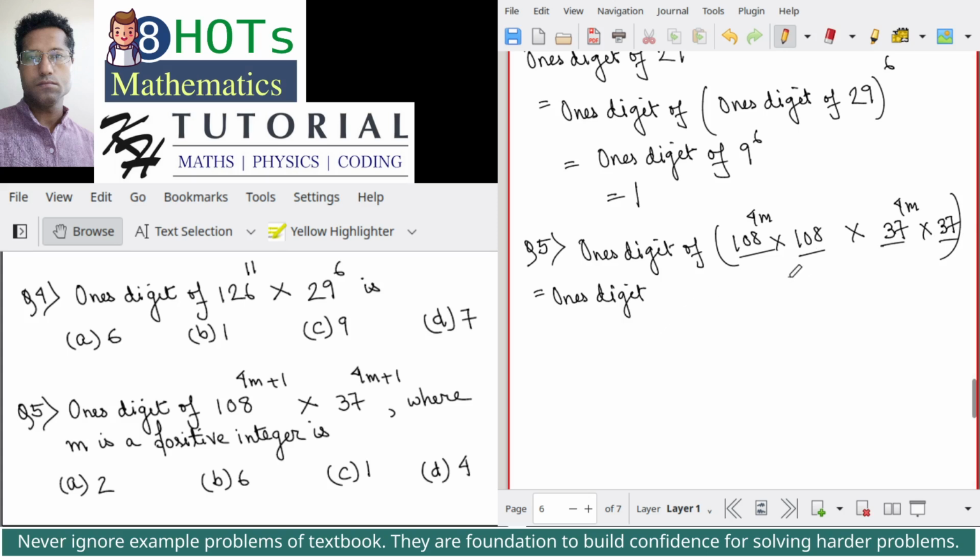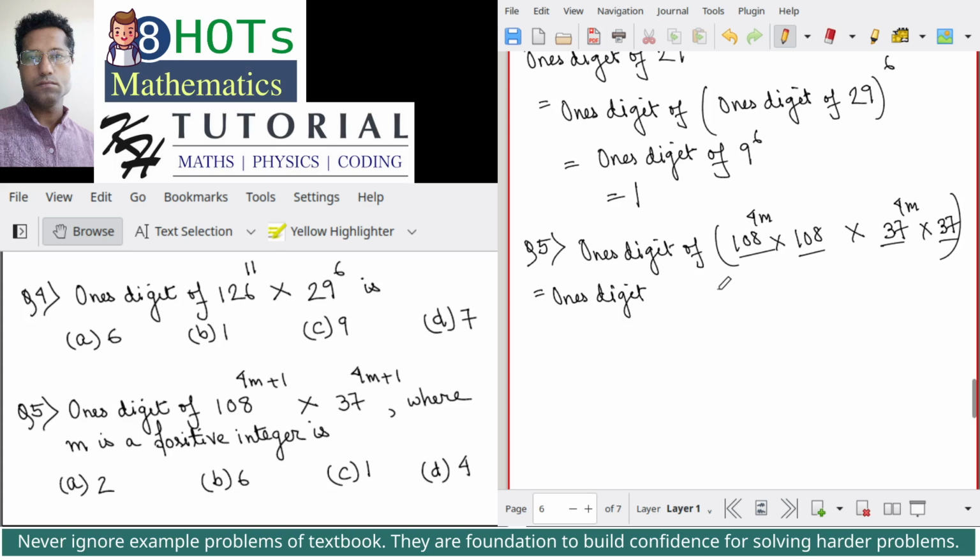The important thing is that we have to find the ones digit of 108 to the power 4m and 37 to the power 4m. Since m is a positive integer, 4m will obviously be a multiple of 4.